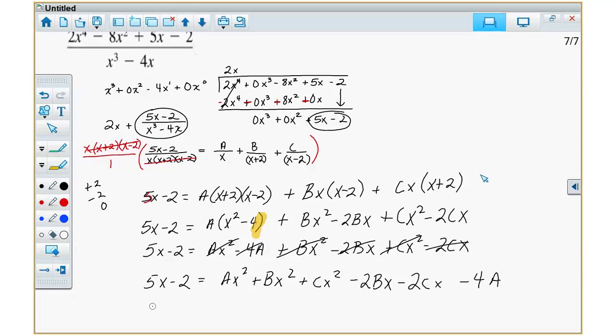Then 5x minus 2 is equal to, factor out a plus b plus c times x squared.